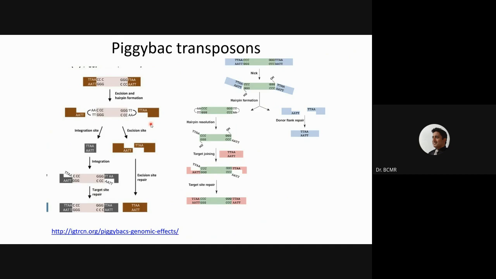These are special in the sense that if they have integrated, there is a target site duplication here, and so is this one. Upon excision, they cut off like this, and these two donor sites, the original donor site, will come together and will form as they were originally present before the transposon was inserted. So these are a good choice.